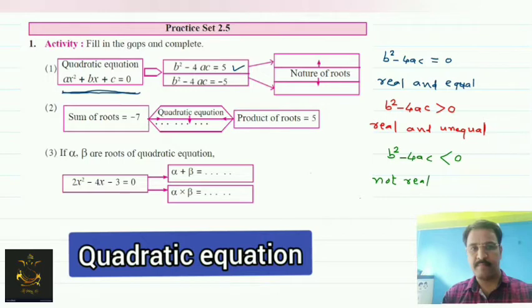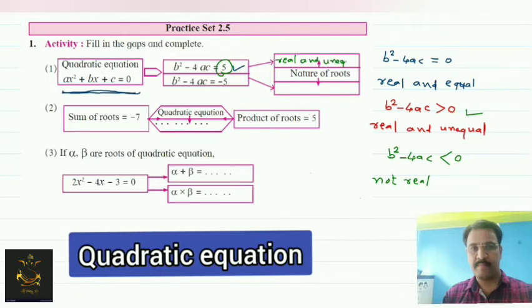Now if you observe the given example, b square minus 4ac is 5 here, which is positive, means greater than 0. Then what are the roots here? Real and unequal. We can write here roots are real and unequal.